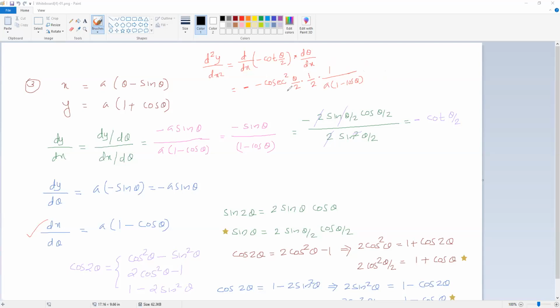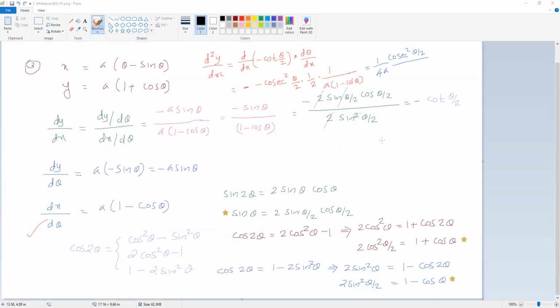So minus into minus becomes plus. So this becomes 1 by 4a, 2 into a. Then cosecant square theta by 2 is in the numerator, and in the denominator 1 minus cos theta. For 1 minus cos theta you could use 2 sin square theta by 2. Yesterday I told you that substitution.